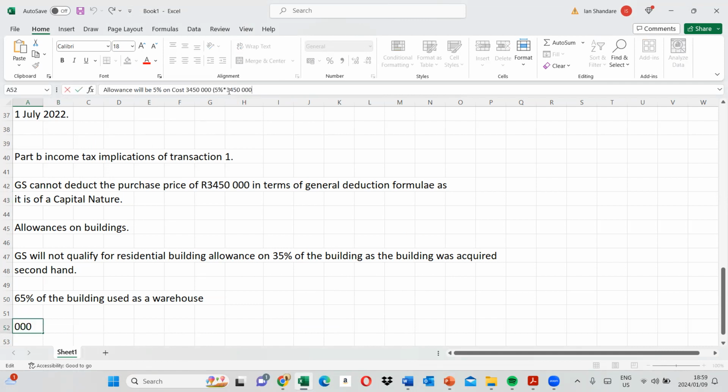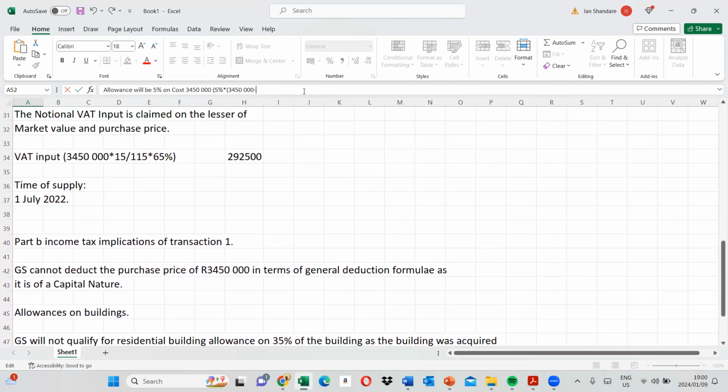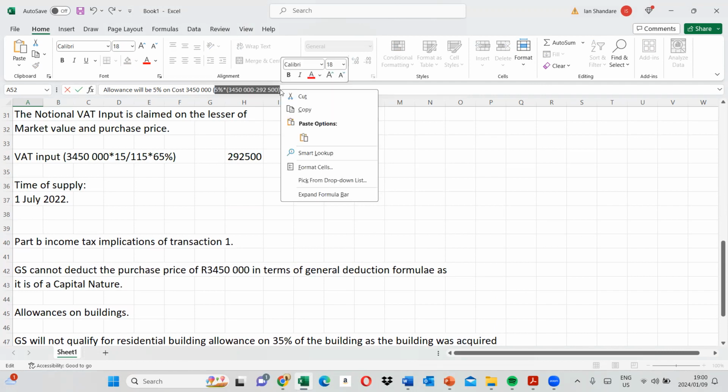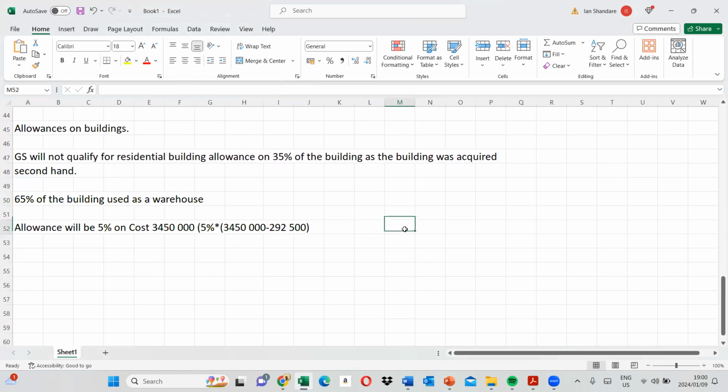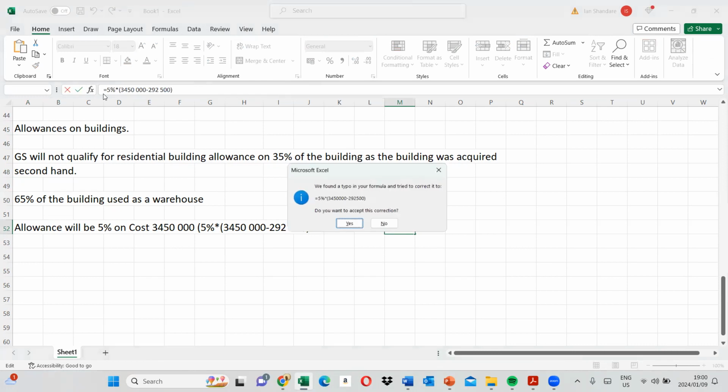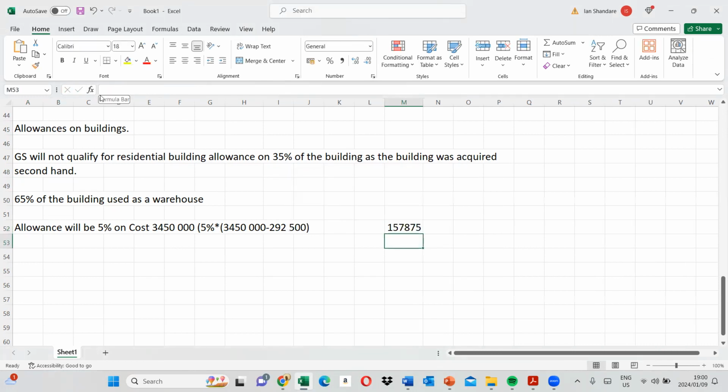Remember, we calculate our allowances on amounts that exclude VAT, so we have to deduct the VAT that we calculated up there. We take the cost of the building minus VAT, 292,500. This is what will give us the allowance that we're going to claim in regards to the building. I don't know if there's anyone who is lost in this regard. So we're going to claim this allowance in terms of this part of the question.